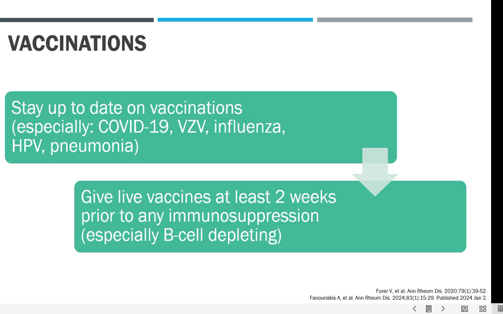For any patients that are receiving B-cell depleting therapies, we try to give their live vaccines at least 2 weeks prior to any of those agents, working to boost patients' immune systems prior to giving some of those. So we can work as pharmacists to plan out some of that.